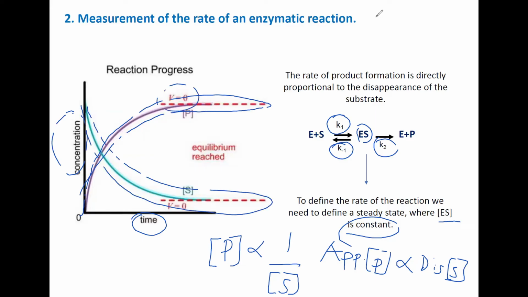So at this stage, V is 0, and at this stage, V is 0. If the reaction reaches completion, the product is completely formed, then the velocity will be 0. And when the substrate is completely exhausted, the velocity will also be 0. So the rate of product formation is directly proportional to the substrate disappearance.